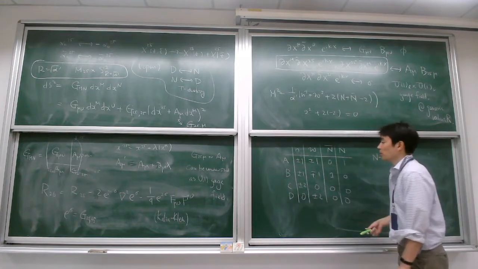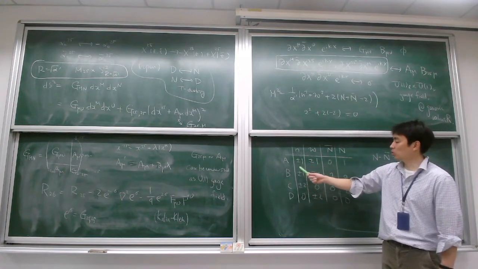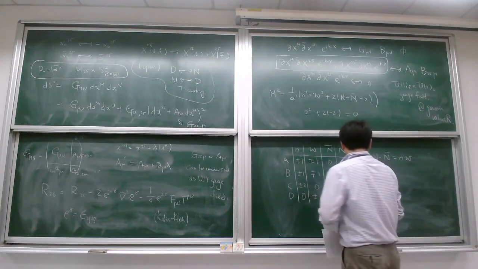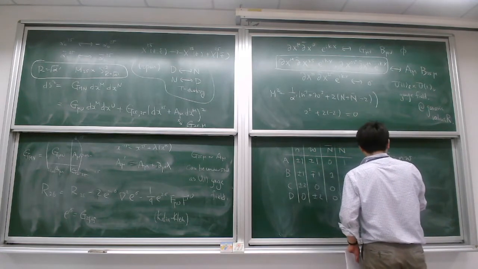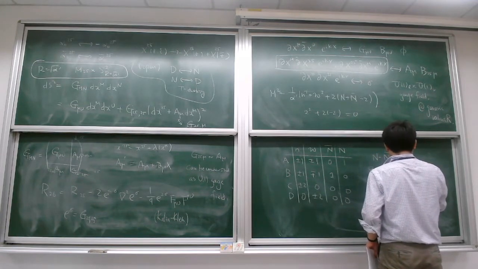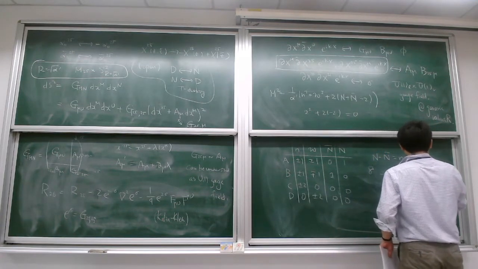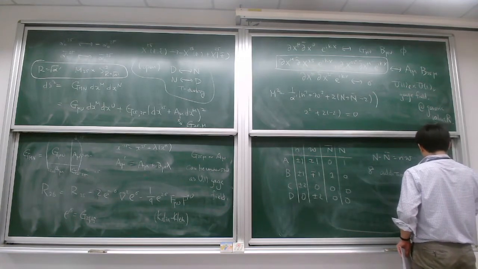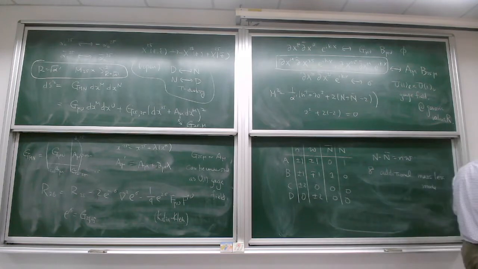So how many massless modes do you have? 1, 2, 3, 4, 5, 6, 7, 8. So 8 additional massless modes. Okay. That's what you will get.